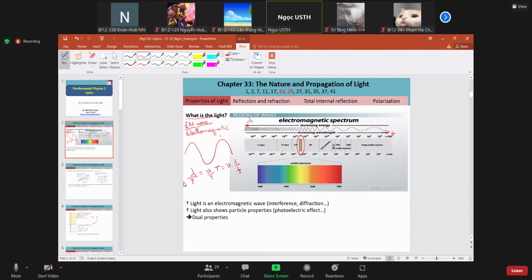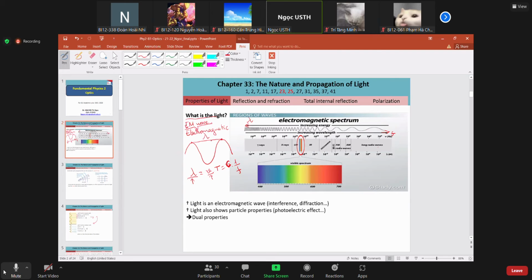For light in a vacuum, the velocity is c. Keep in mind that c is the velocity of light in a vacuum. If the light is in another medium, the velocity will be different. And the way you determine the wavelength is between two peaks of the wave.